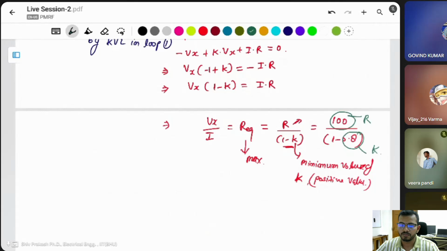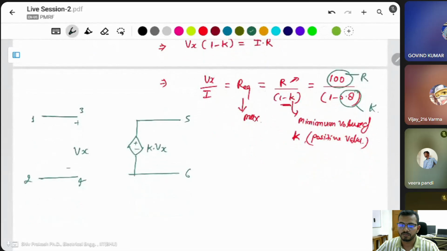Same question I have written here. Vx is given. There is some voltage source. This is port 1, 2, 3, 4, 5, 6. This port is here also, 5, 6. So we can consider the port there also.